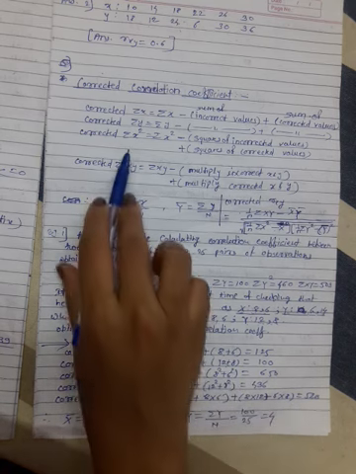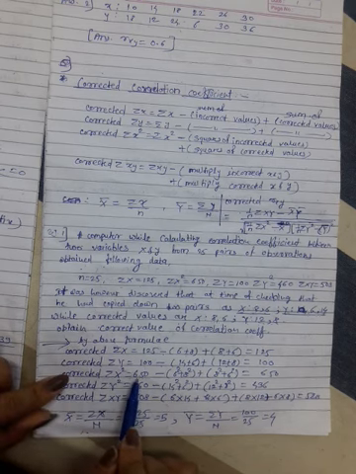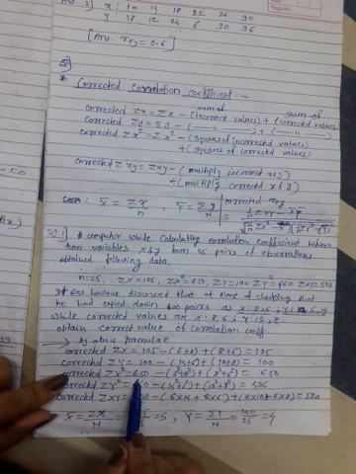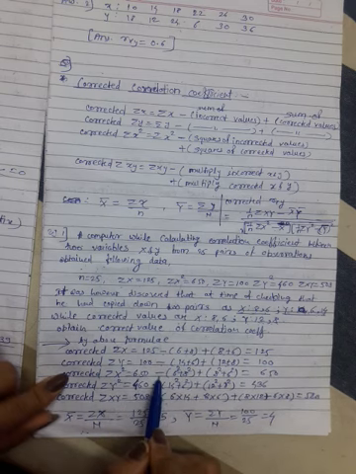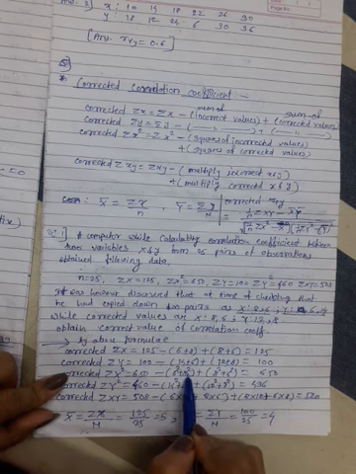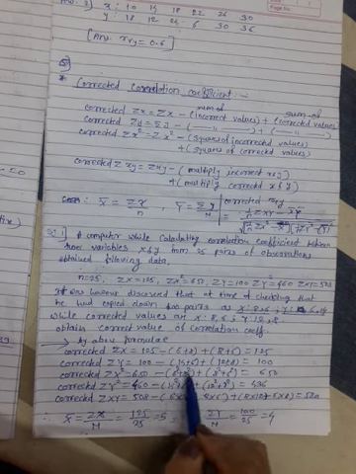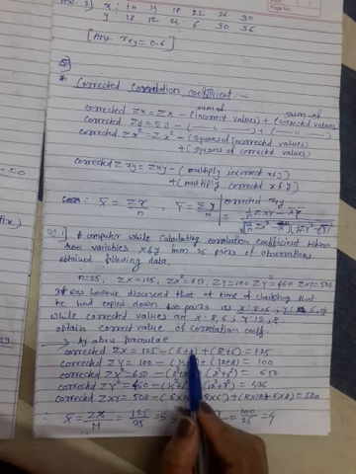Similarly, corrected summation x square is nothing but the given incorrect summation x square, 650, minus 6 square plus 8 square, plus the squares of the two corrected x values.